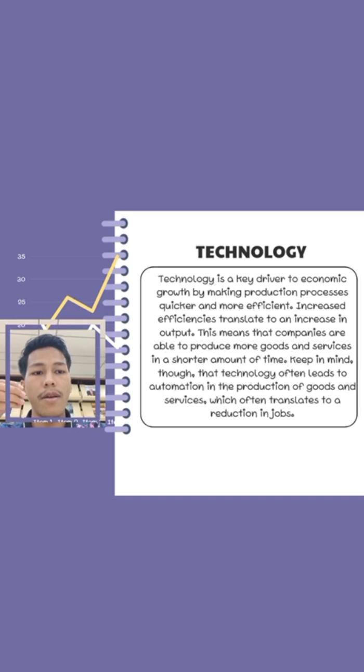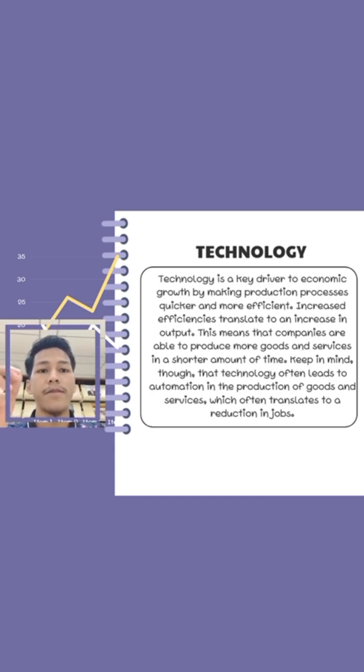The factors of economic growth are divided into four: technology, land, labor force and entrepreneurship. Technology is a key driver of economic growth by making production processes quicker and more efficient. The concept of land in economics refers to natural resources found on the surface or in the bowels of the earth.